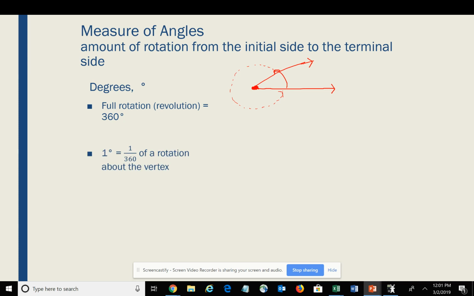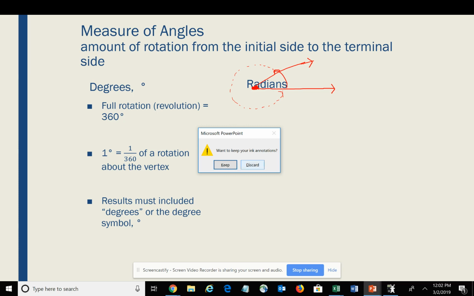So 1 degree corresponds to 1/360th of a rotation about that vertex. And typically when you express that angle, you're going to express that measure using either the word degree or the degree symbol.